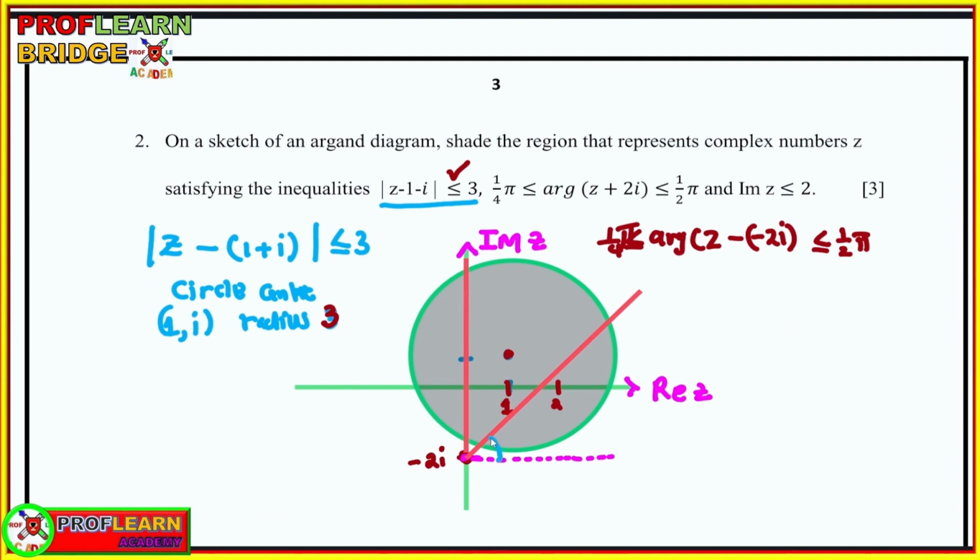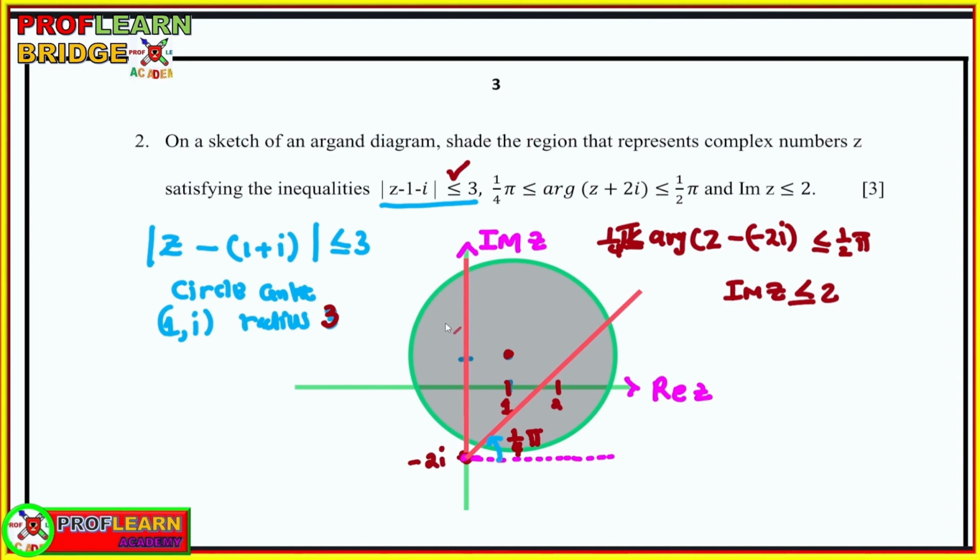So this is the one for a quarter pi, and the other one here along the vertical axis is going to be 90. So the two red lines represent arg(z - (-2i)) greater than or equal to a quarter pi but less than or equal to a half pi. So we have also Im(z) is less than or equal to 2.